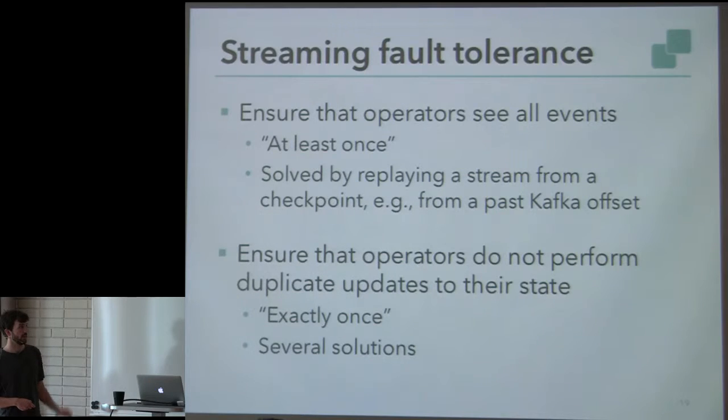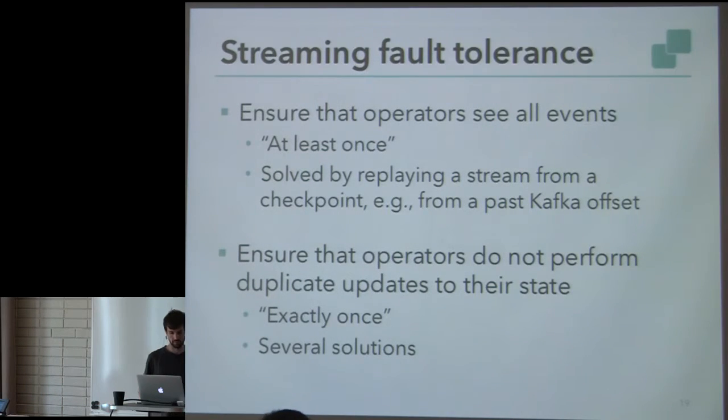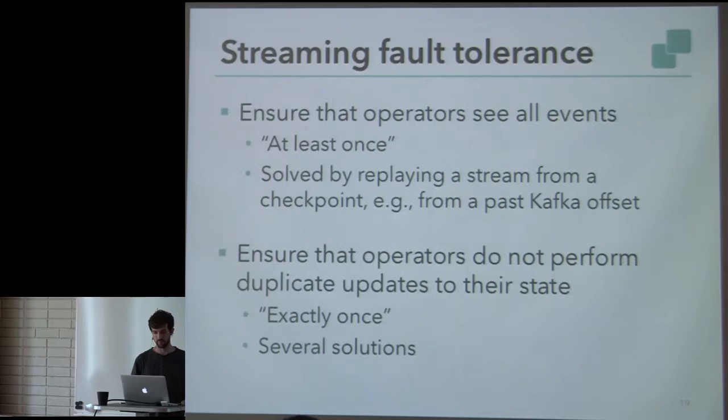Exactly once says it really goes only through the program once. The first one is easier because you could, for example, use Kafka and persist the offset and start there again. But then you don't know about the internal state. So to achieve exactly once, you need to also back up the state of the operators.